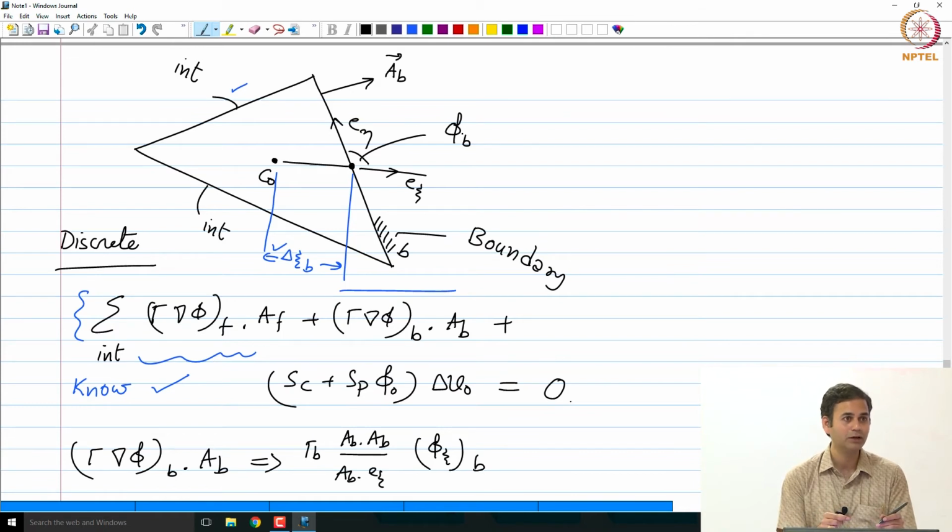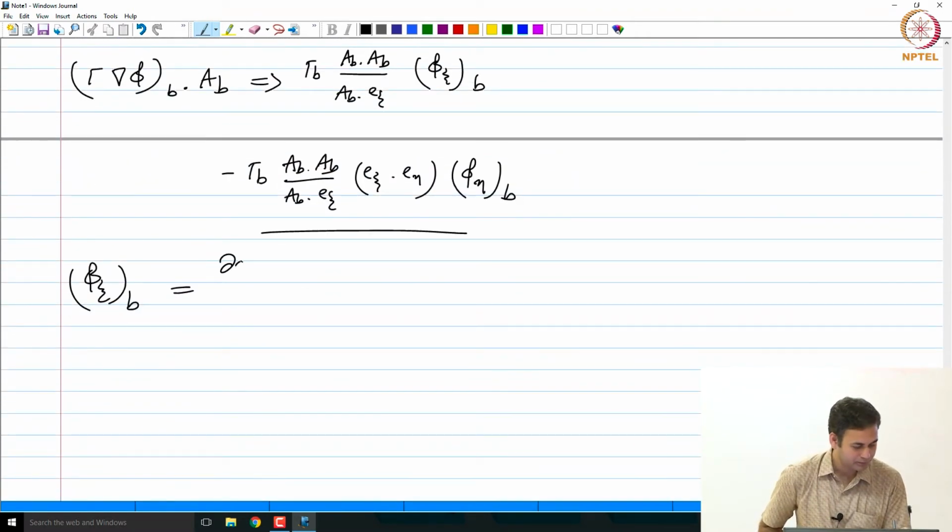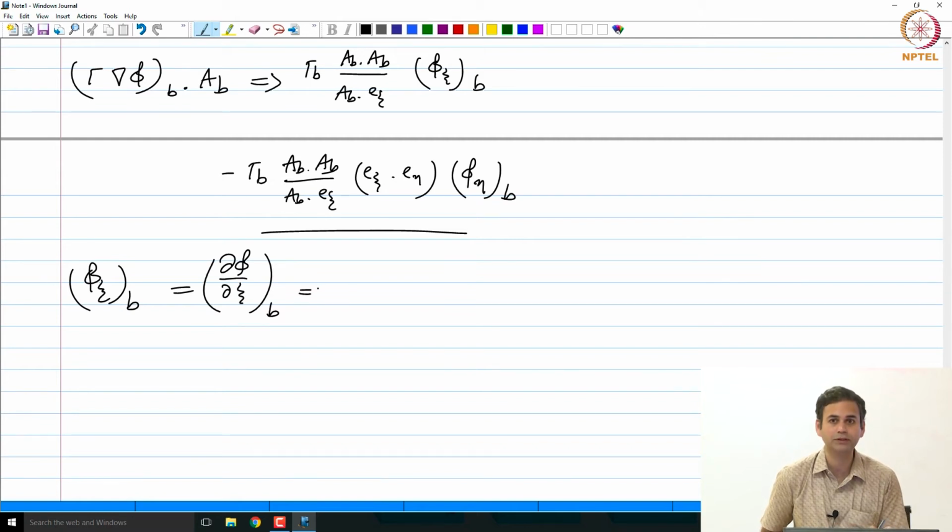You remember, if it were Dirichlet, of course phi b would be known. If it were not Dirichlet, we would somehow calculate it by the balance of the fluxes. So, phi b on the face will be stored and updated, and we also know phi 0 at the cell centroid C 0. Now, how do I calculate partial phi partial xi for the boundary face? Phi b minus phi 0 upon delta xi b.